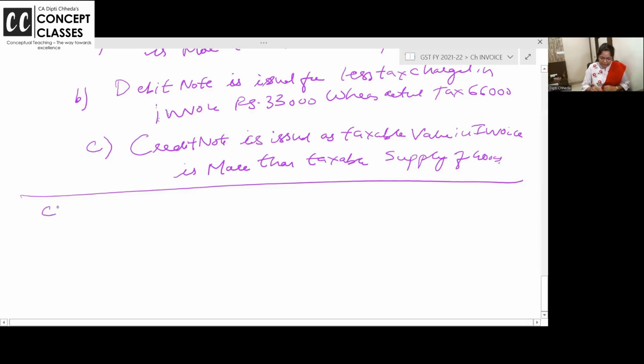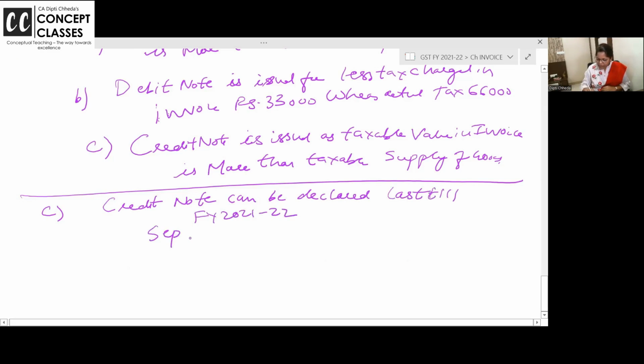Right. And the last C bit asked is, what is the maximum time limit for declaring a credit note? Credit note can be declared till, for financial year 21-22, September 22.